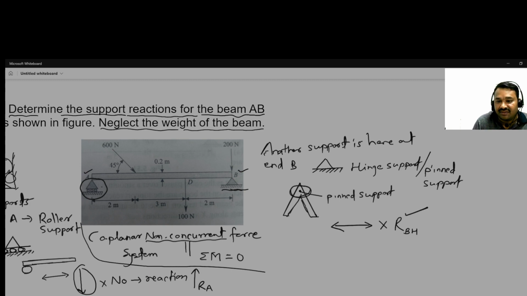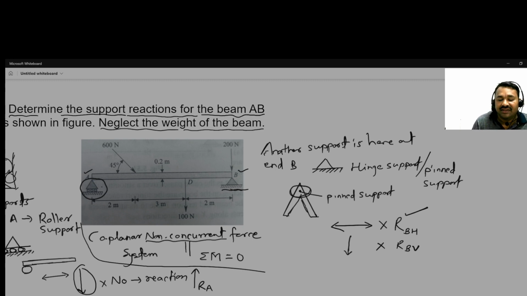If it cannot move, there is a reaction. What about can it go downward? The answer is no, which means there is RBV, V means vertical direction.